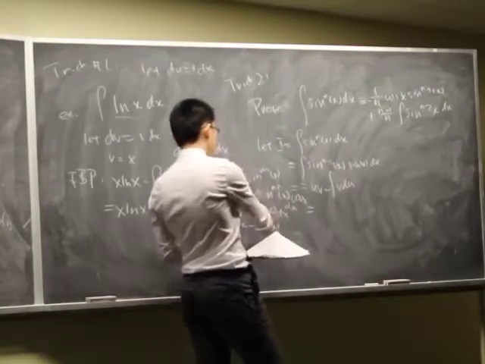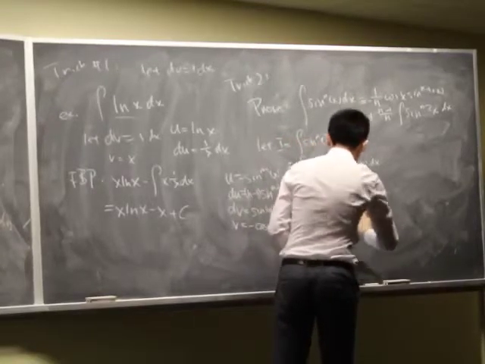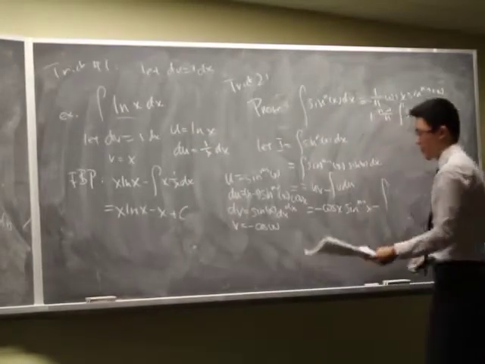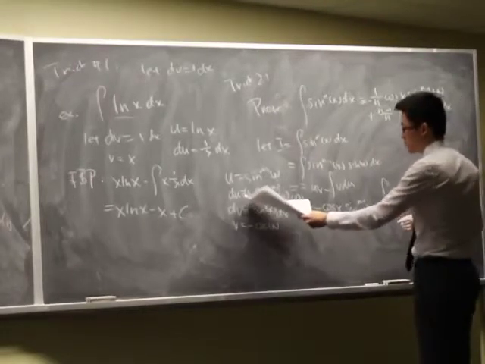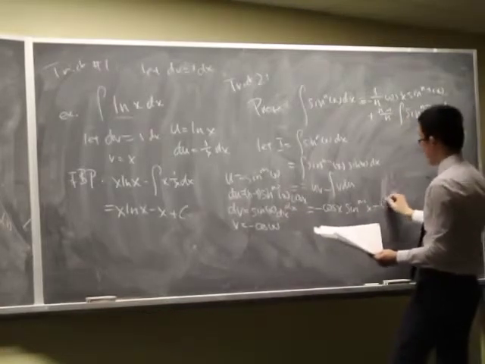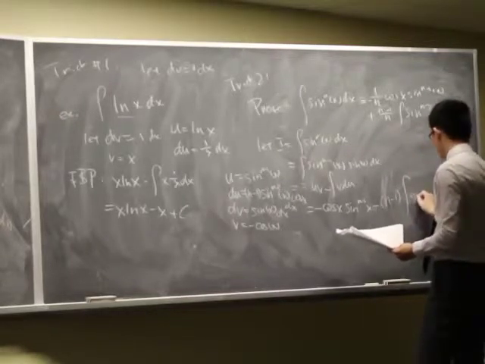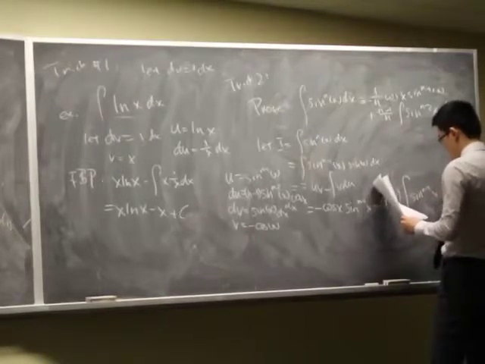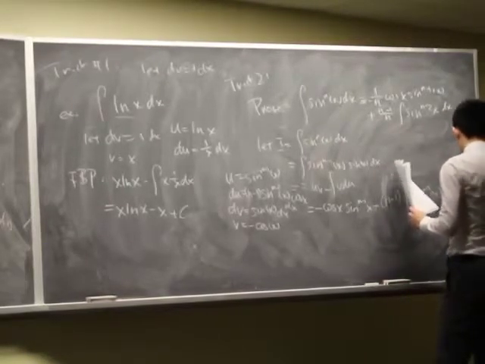This is going to get you uv, which is negative cos x sin^(n-1) x, minus the integral of negative cos x, so I put a plus sign right here, cos x times (n-1) sin^(n-2) x cos x, which is cos squared x dx.